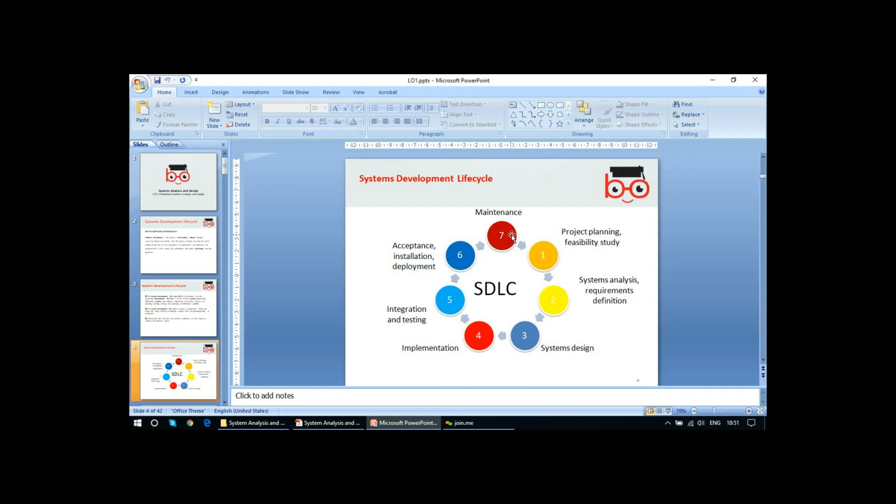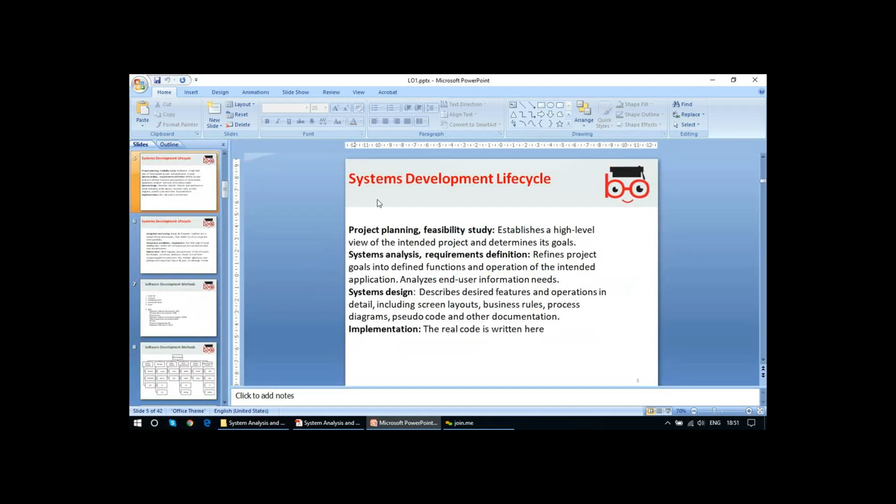Maintenance could be weekly, monthly, or whatsoever, depending on the need. Probably it can be routine maintenance. However, maintenance could also be a change in the plan or the requirements. So, project planning and feasibility I have already explained, so let me go through quickly.